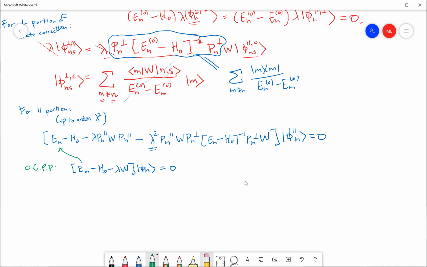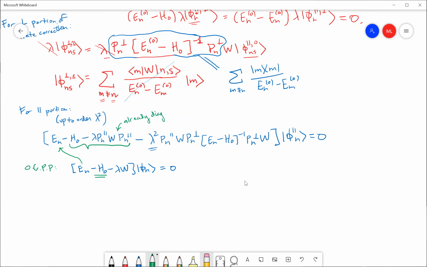Now, instead of H naught, we can define a new H naught because we know everything about this guy. What is this operator? This is H naught and the perturbation in the parallel subspace, right? But we know that we're going to diagonalize this piece anyway. So this guy here is going to be already diagonalized.